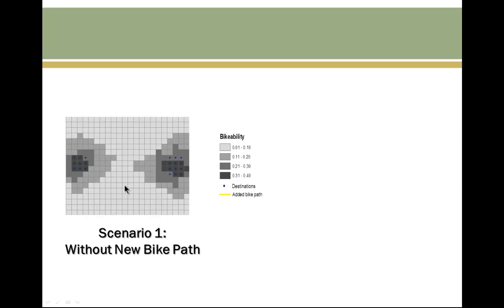Depending on whether it was a C or D, you see that the bikeability score is shown in the colors, and there's obviously higher bikeability when you're close to all of the destinations. But in between and on the outskirts, it has poor bikeability.